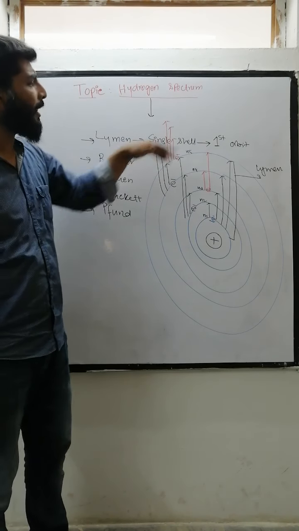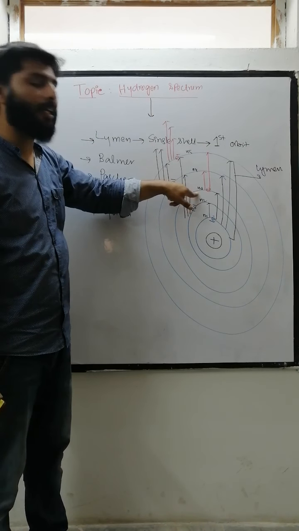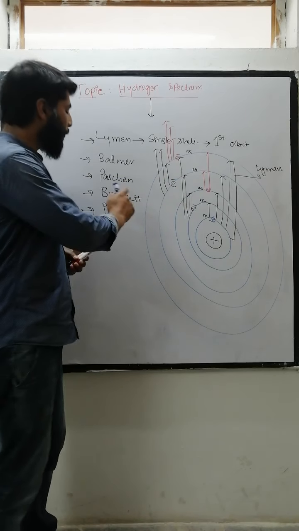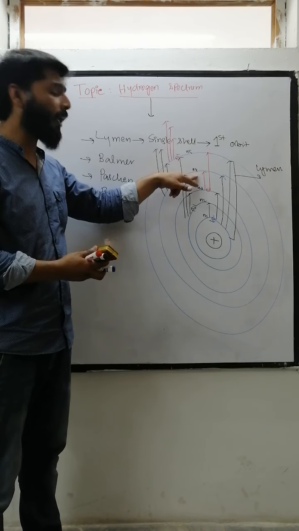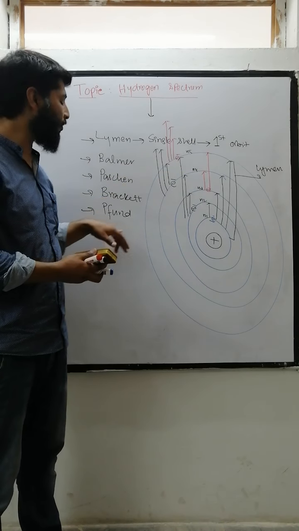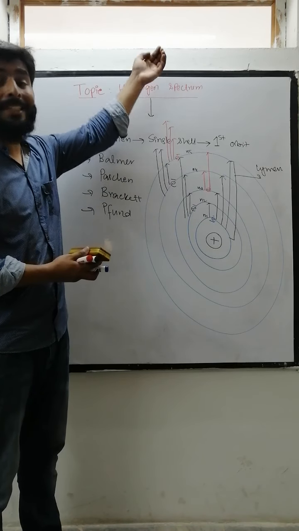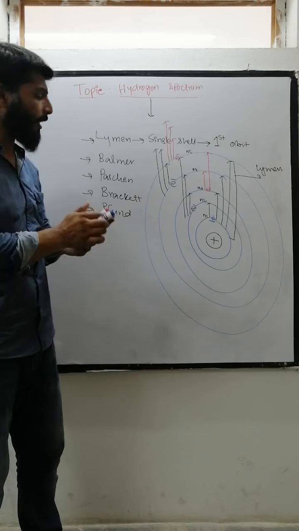For Paschen series, electron will jump from any higher level to the third energy level. And for Brackett series, electron will jump from any higher level to N4. And for Pfund series, electron will be de-excited from any higher level to the fifth energy level.